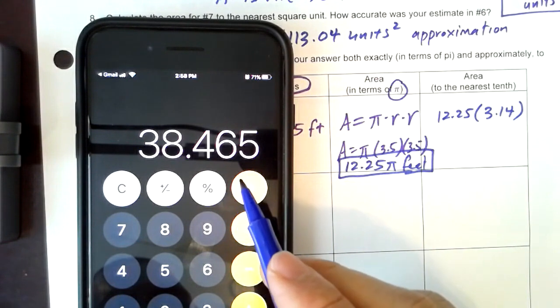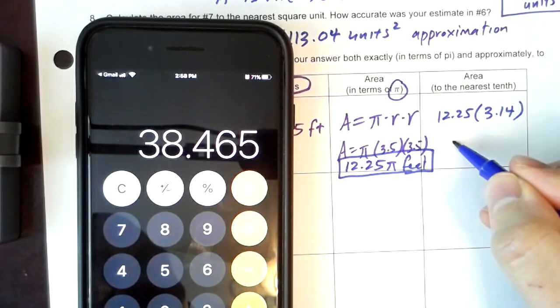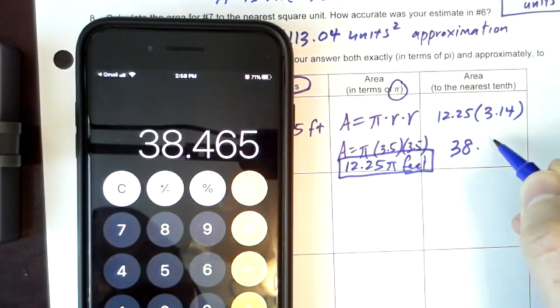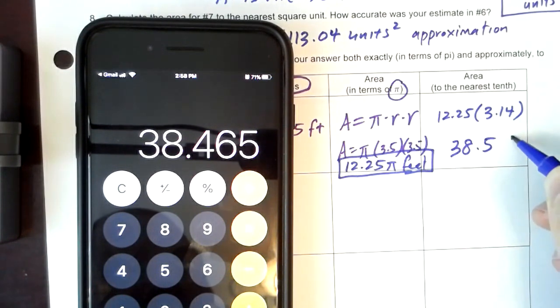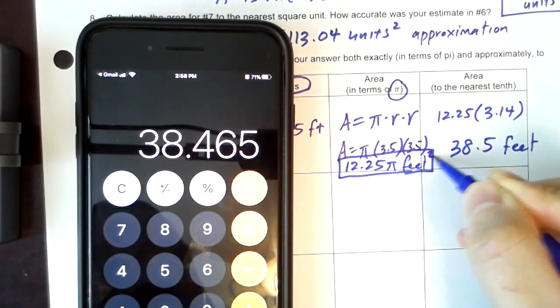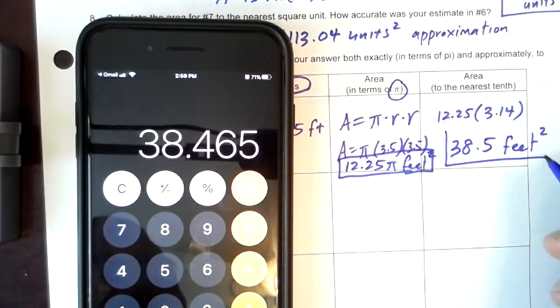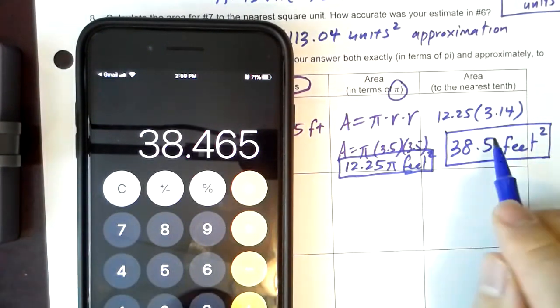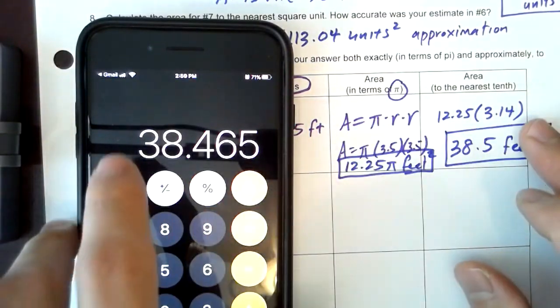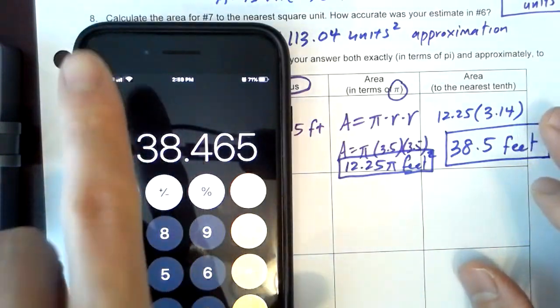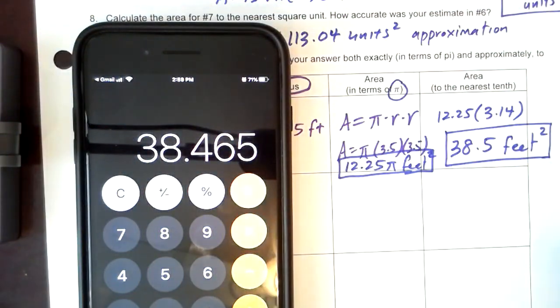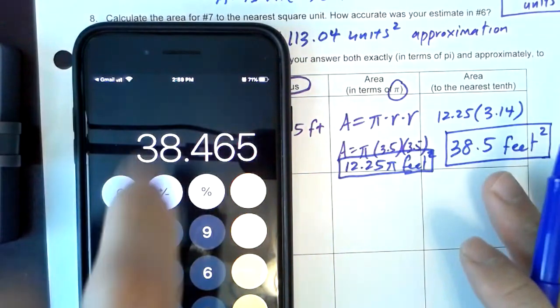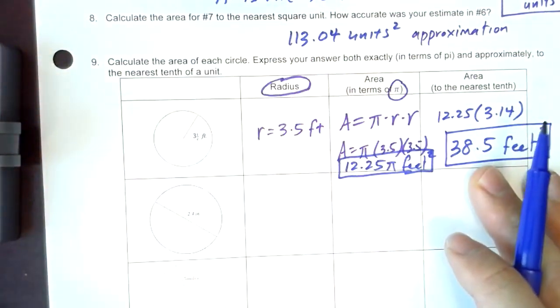I would round to the nearest tenth, so that is 38.5 feet squared. Now notice again, you're starting to see that this is an approximation. When you use the decimal version of pi, 3.14, we are approximating. Now it's decently close, but it still is an approximation.